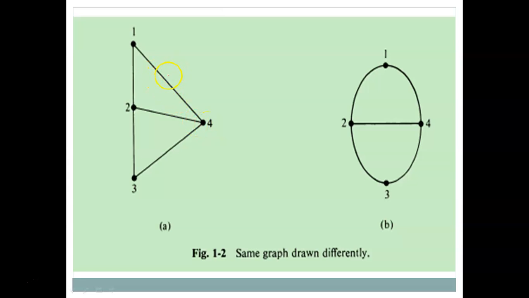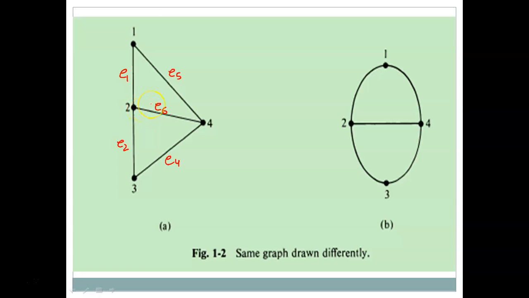The edge between 1 and 2 is E1, from 2 to 3 is E2, from 3 to 4 is E4, from 1 to 4 is E5, and one more edge is E6. So we have 6 edges and 4 vertices.